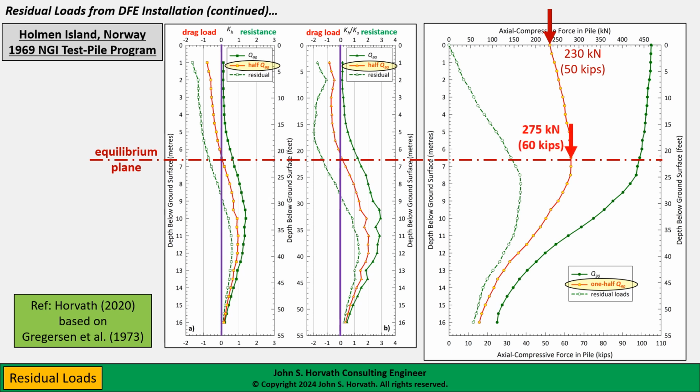And in this case, we see the largest axial force in the pile is at the equilibrium plane, where it's 275 kilonewtons, or about 60 kips. So the point I'm getting at here is that the maximum force in the pile, which of course has to be at the equilibrium plane, is about 20% larger than the load at the head of the pile. And this difference is something that is typically not considered in the structural analysis and design of a DFE.